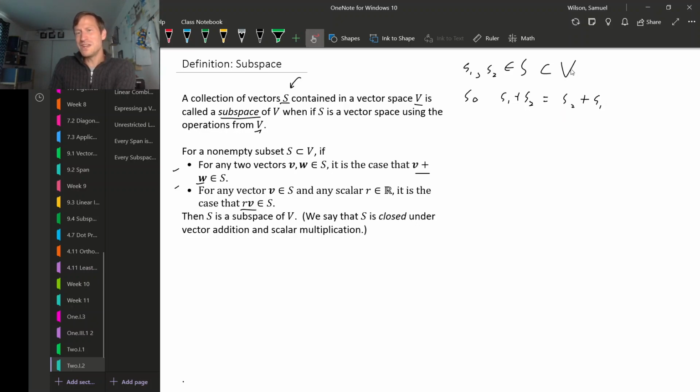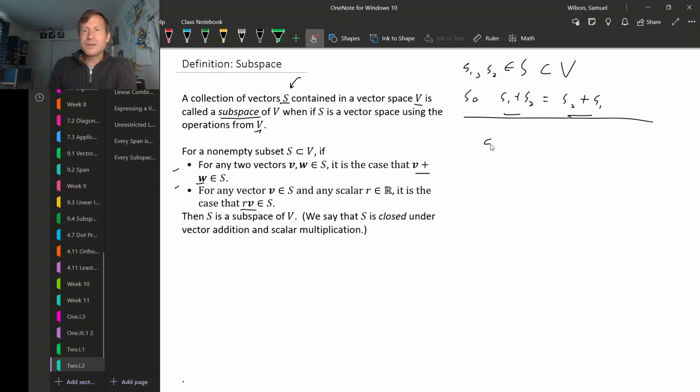This is true in V, but these sums are the same in S as they are in V because the vector sum is the same. And so this equation is also true in S. So all of the algebraic properties, commutativity, associativity of addition and scalar multiplication, and distribution, all of those we get for free. The things we need to check are closure, which actually we don't need to check because we're assuming it, and we need to check the existence of an additive identity, and we need to check that additive inverses exist.